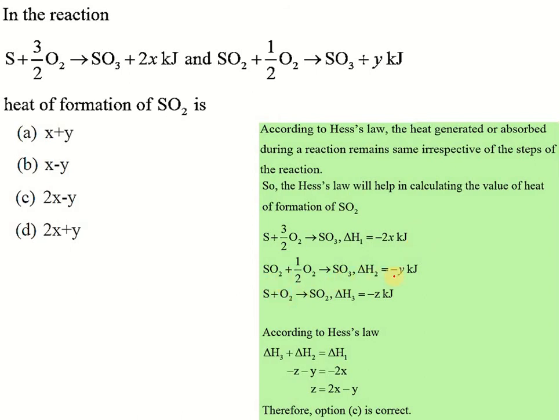The second equation, delta H2, we are assuming as minus Y. Then the required equation is S plus O2 gives SO2. For that, delta H3 we are assuming as minus Z. Using Hess law, delta H3 plus delta H2 equals delta H1. So Z is 2X minus Y. So option C is the right option for the heat of formation of SO2.